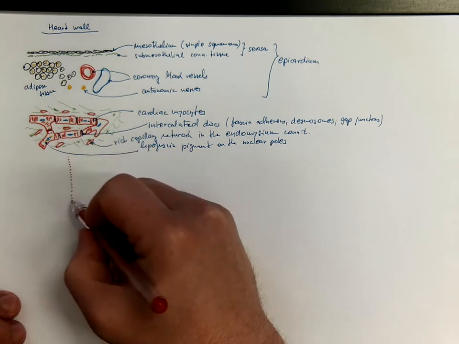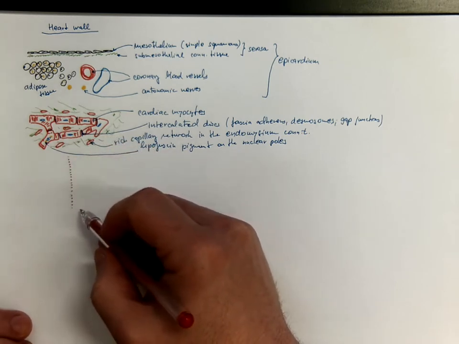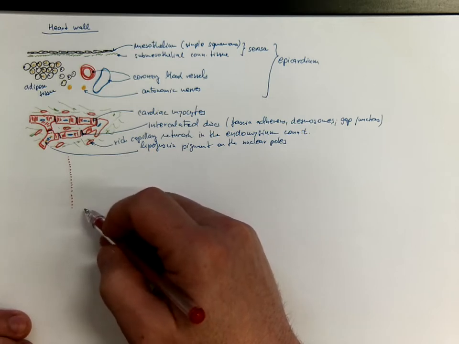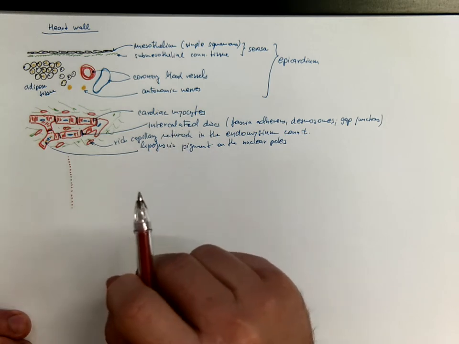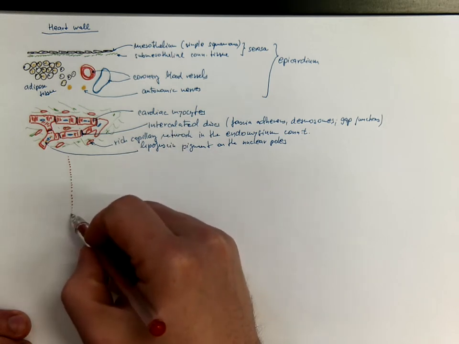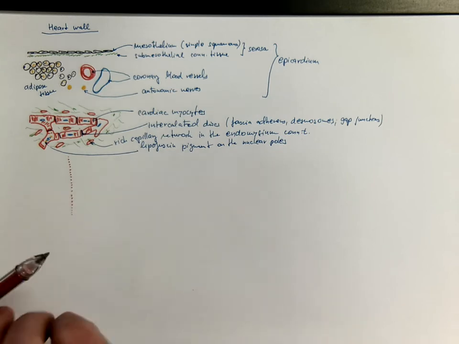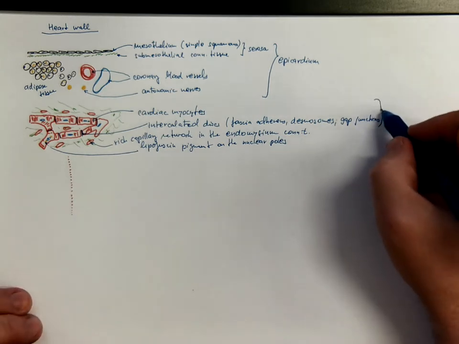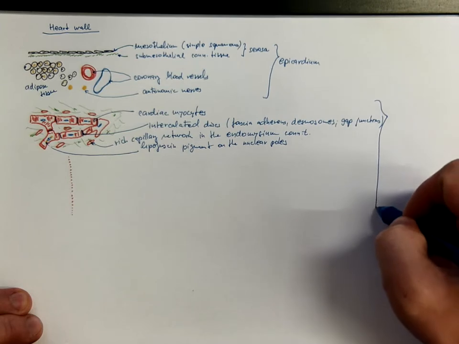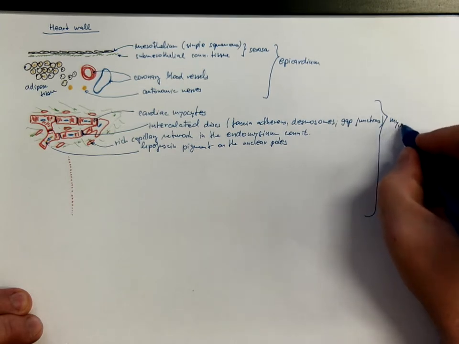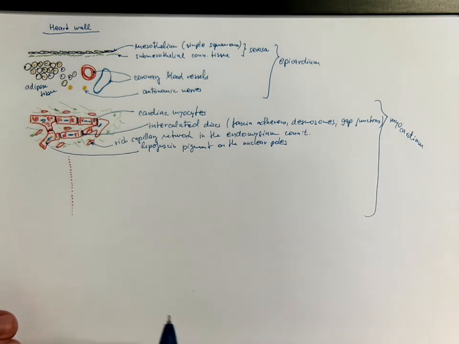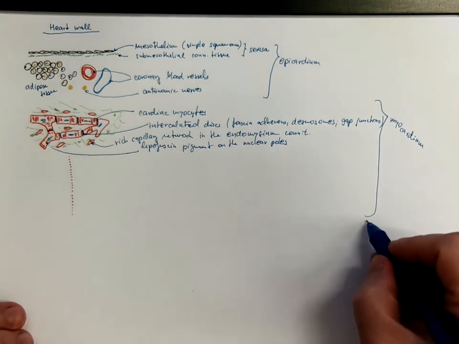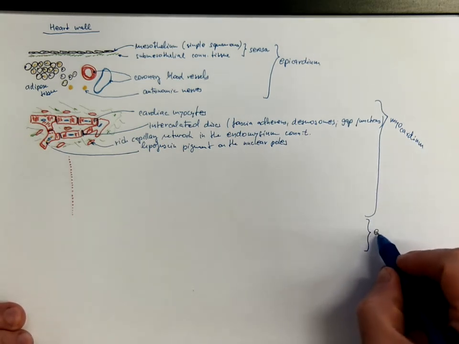It's much thicker in ventricles than in the atria, and postnatally it's much thicker in the left ventricle than in the right ventricle. So here it would continue. It's called myocardium layer. And the innermost layer would be endocardium.